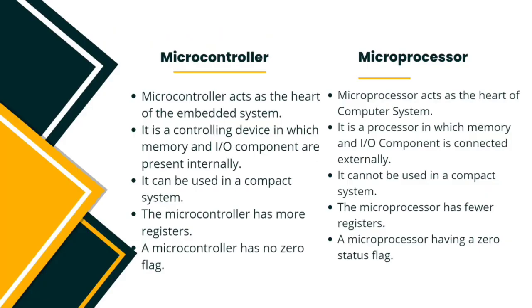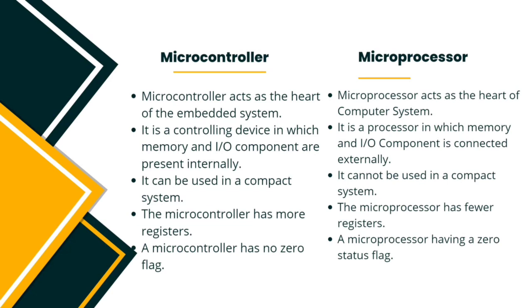So the major question is: what is a microcontroller and what is a microprocessor? The microcontroller acts as the heart of an embedded system, while the microprocessor acts as the heart of a computer system. A microcontroller is a controlling device in which memory and IO components are present internally.